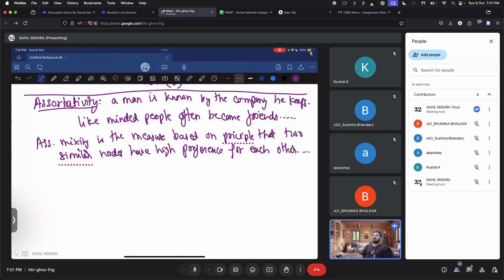Preference for each other means affinity. Affinity means if these two nodes are brought together, they will automatically get connected.